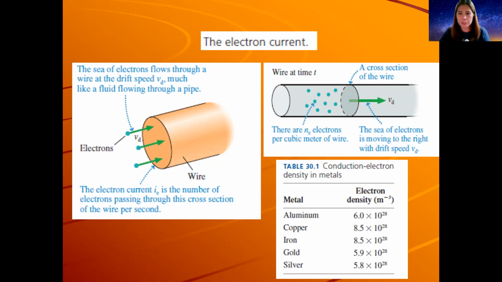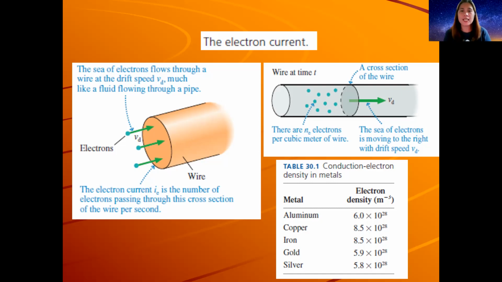If you look further in the table, you see here that copper and iron actually have the greatest value of electron density among the 5 metals shown here. So if you have equal volumes of copper and aluminum, you'll have more free electrons present in copper than in aluminum.